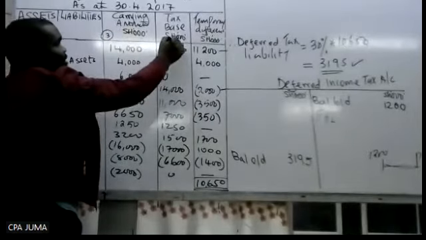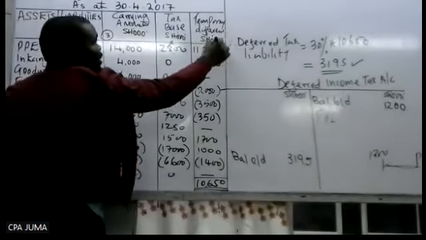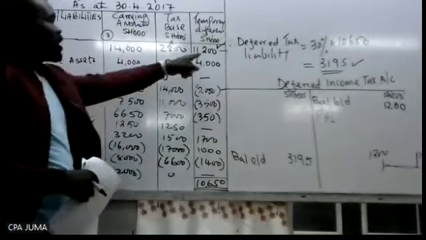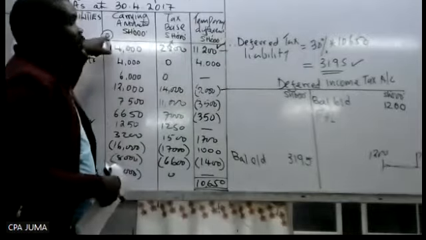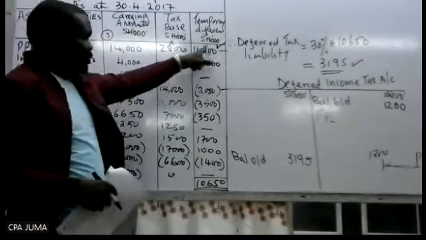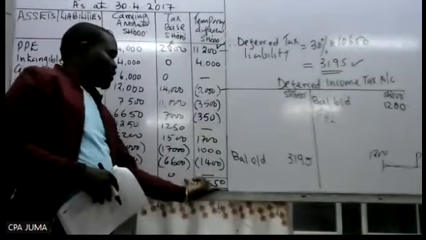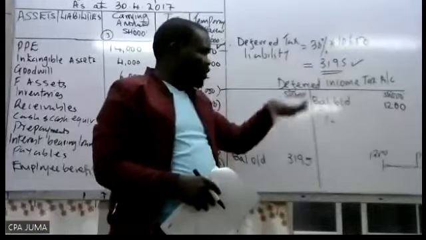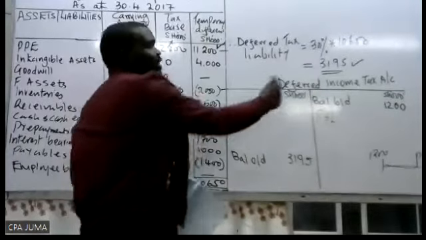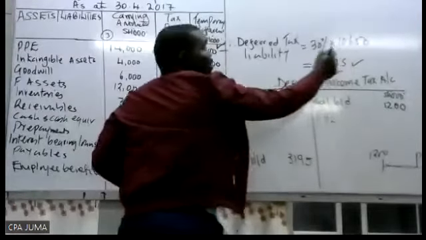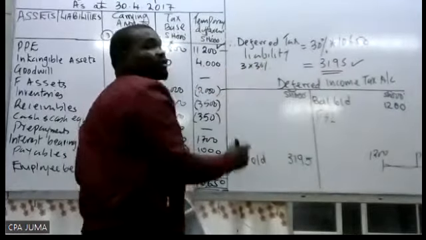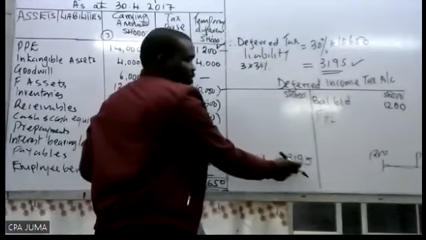It has no impact here, but that 3 is captured in the temporary difference. So temporary has increased proportionately with the 3, and that one has been carried down to the aggregate here, and it has been done what? Taxed, which is okay. So it means in the 3195 there is tax on revaluation.